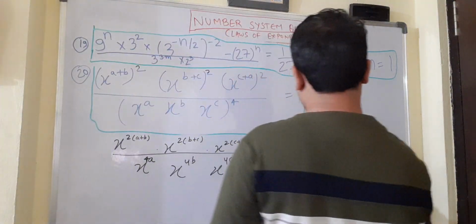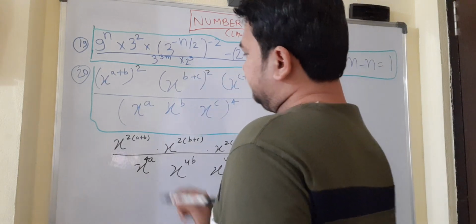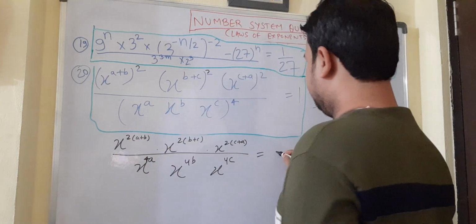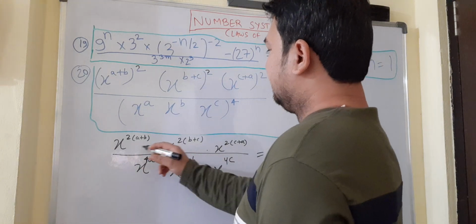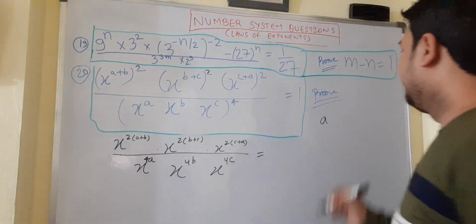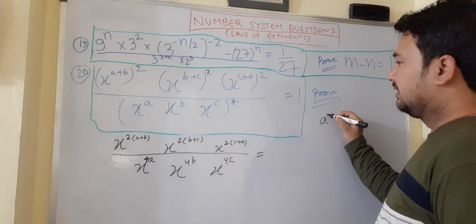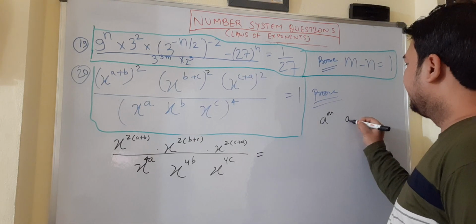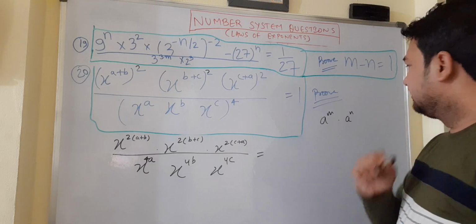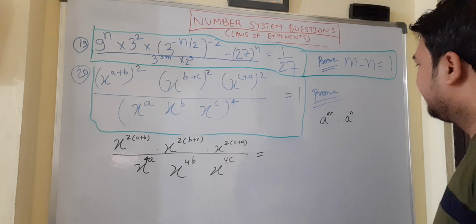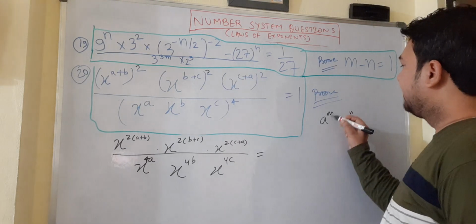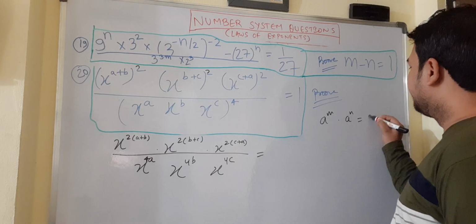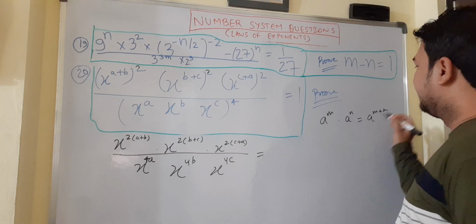Next, you have a^m and again a^n, and both are having a multiplication in between, that is a^m into a^n. What does it become? It becomes a^(m+n).